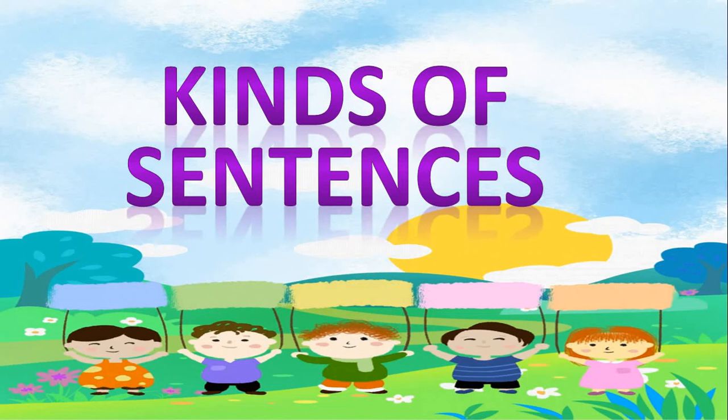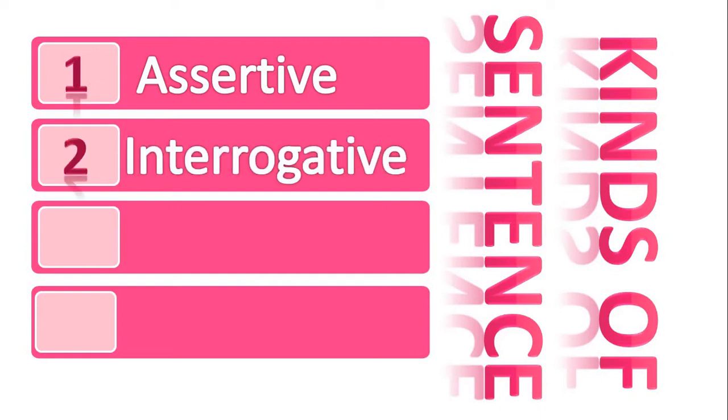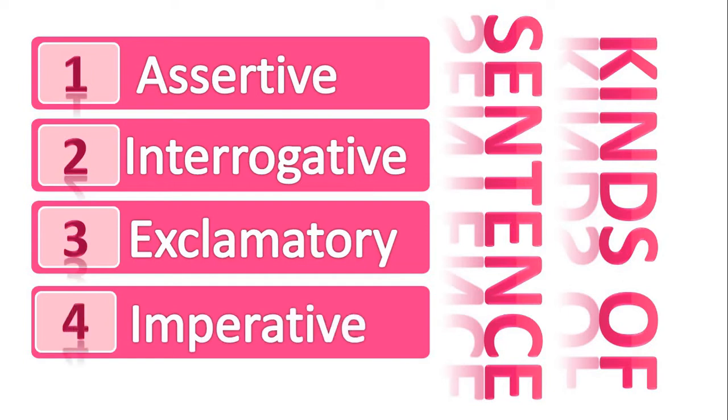You know, a sentence is a group of words that convey some meaning, and a sentence starts with the capital letter and usually it ends with a full stop. Now, we have 4 kinds of sentences, and the first one is assertive sentence, next interrogative sentence, exclamatory sentence, and the last one is imperative sentence.